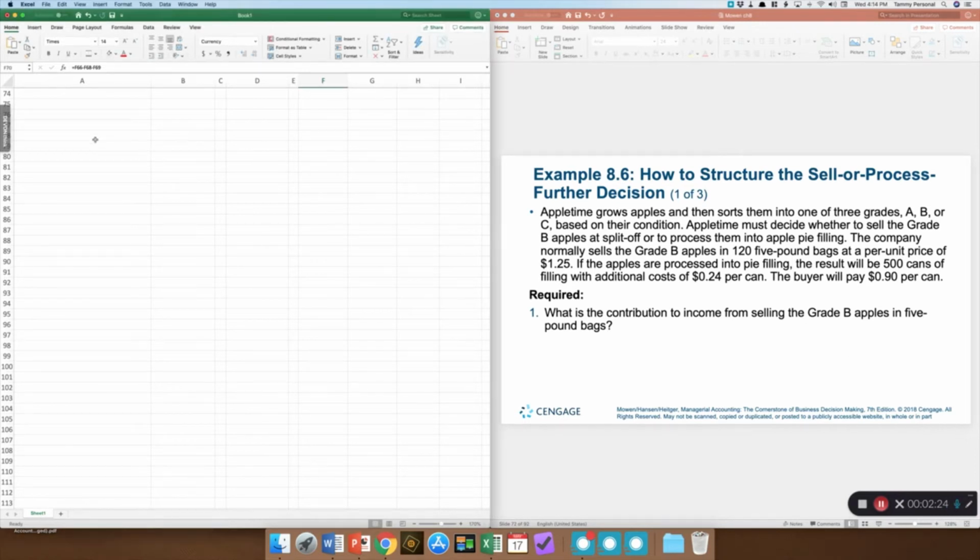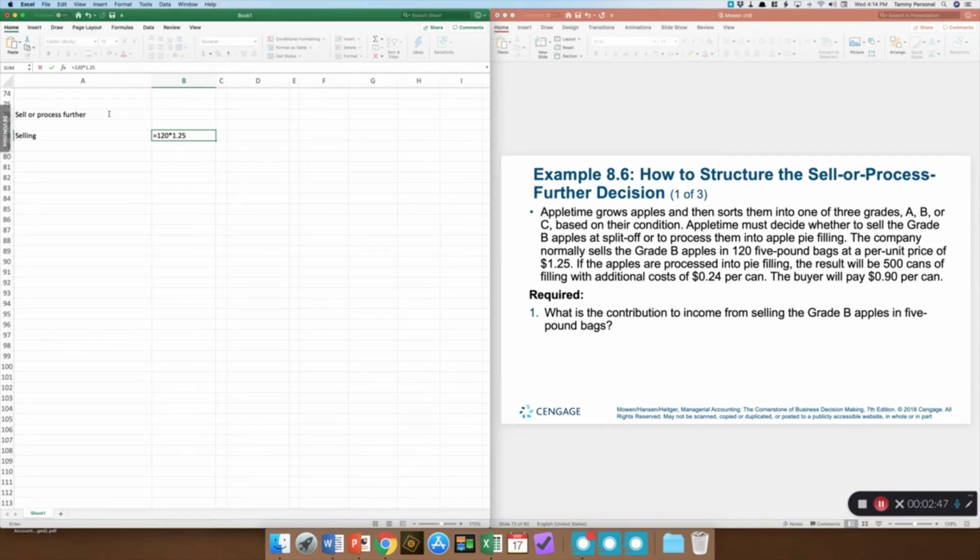All right, so we're going to take the information that we have. It's sell or process further. Okay, so the benefit from selling, we're going to have 120 bags times $1.25.